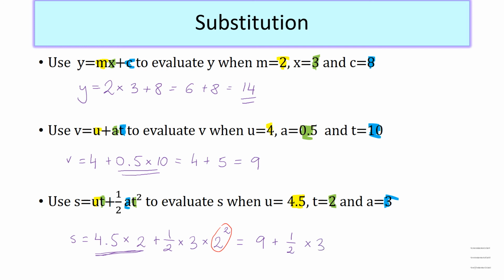So 4 is the answer here, because 2 squared is 4. And now I need to do multiplication. So I have a half times 3 times 4. Remember that with multiplication the order doesn't matter. So it's actually easier to do 3 times 4 first and then find a half of it. 3 times 4 is 12, and then a half of 12 is 6. So plus 6, that is 15. And that's the answer.